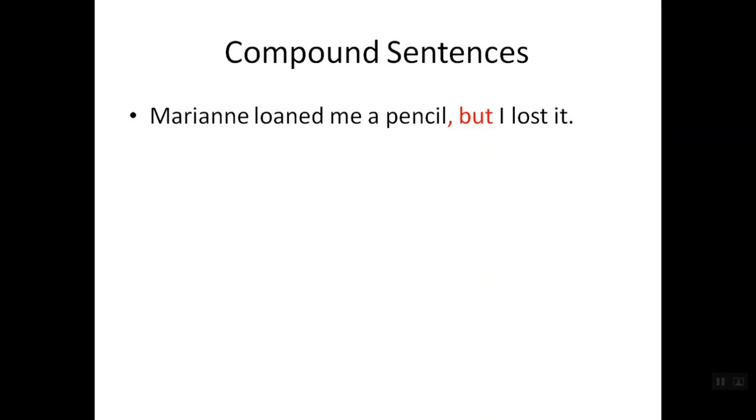So, if you read the first one alone without the second one, it makes sense. Yes. Try to read it. Marianne loaned me a pencil. Full stop. Do you understand? Yes, it is a complete thought. Okay, put it aside now. Read the second one. I lost it. Yes, grammatically, it's correct. Okay, so I lost it. Yes, it is a complete thought.